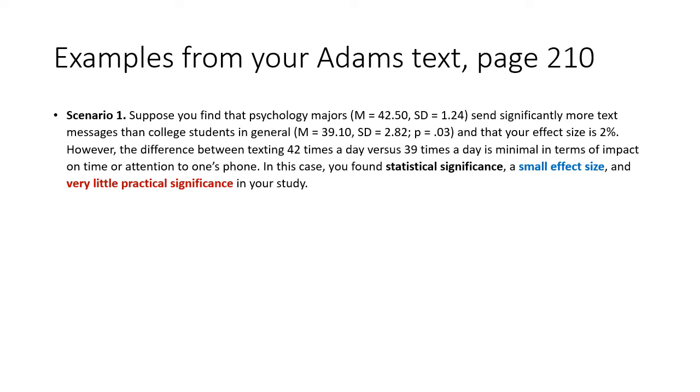Like, what amount of time is compromised in that very small difference? So in this case, you would find a statistically significant result, but yet it has a small effect size, this 2%, and very little practical significance. What is the time difference? Less than a minute probably. So probably not worth much.